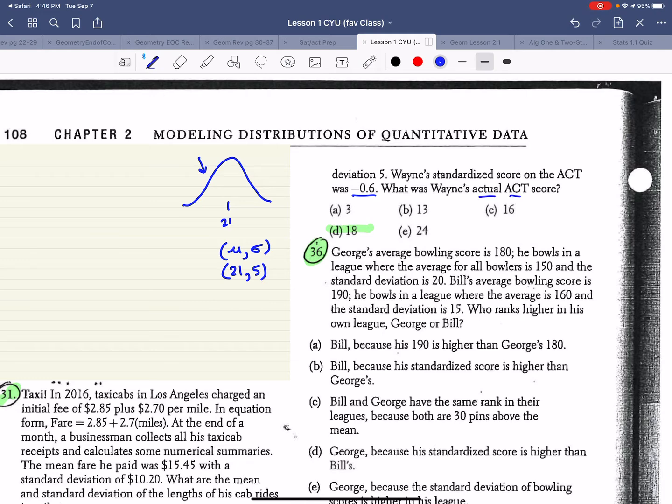Okay, so we talked about that a z-score is actual minus predicted over S, AP statistics. Wayne's actual score, we don't know. We would predict for him to get a 21, the score that the average person got. And we know the standard deviation is 5. And now we actually know his z-score. So using some quick algebra, I can multiply both sides by 5.